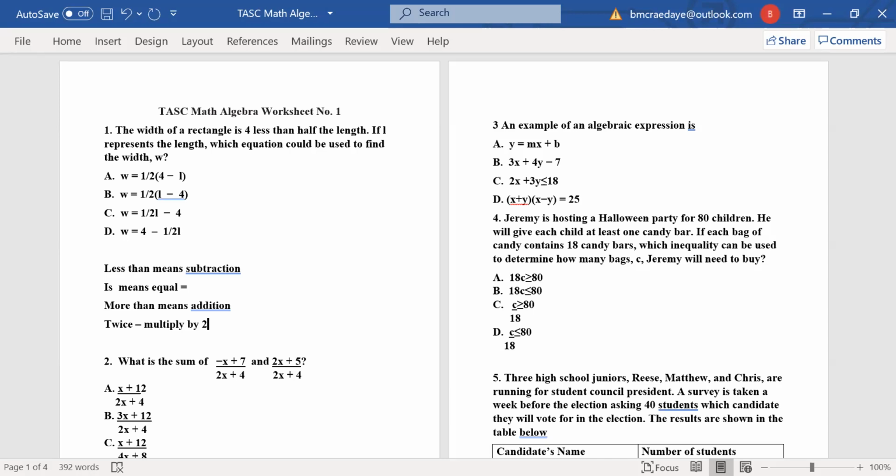W is equal to 4 less than half the length. 4 less than means you're subtracting the 4, right? And what are you subtracting it from? The half. Half of the length. So what is the answer, Vanessa? 4 less than half. What is the answer? Width is 4 minus.